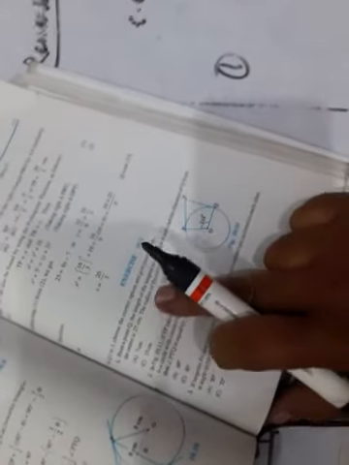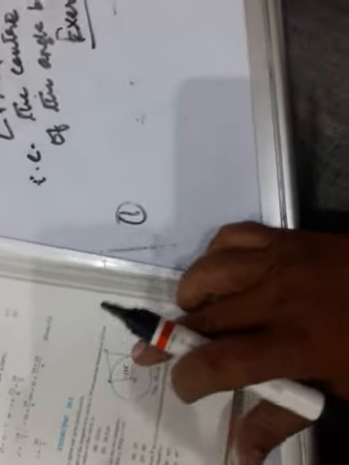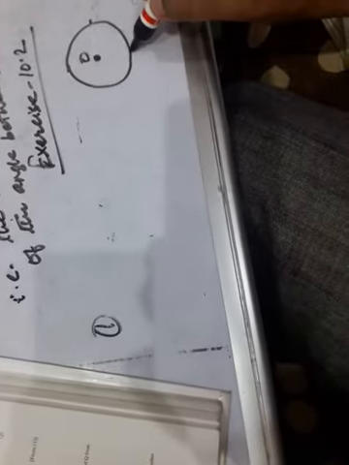From a point Q, the length of the tangent to a circle is 24 centimeter.